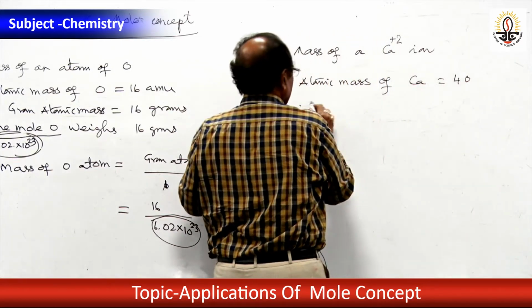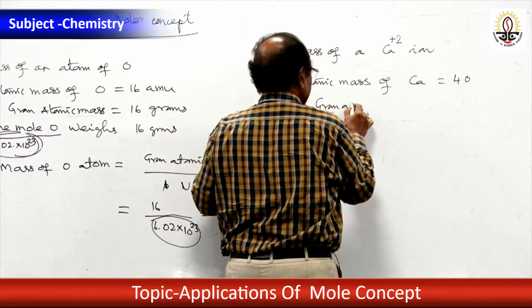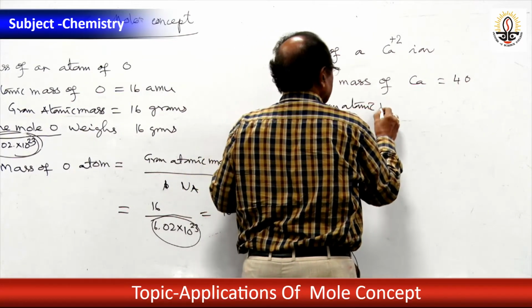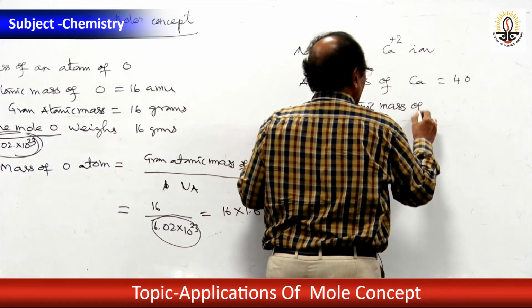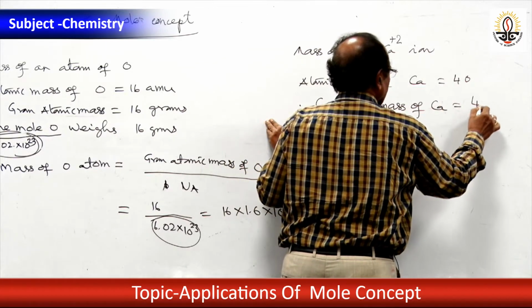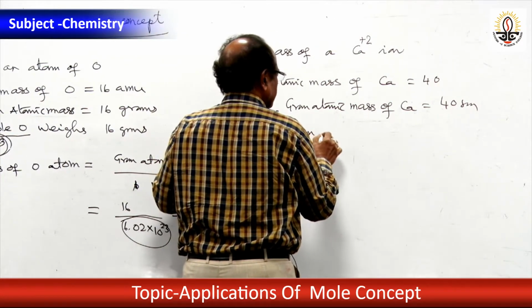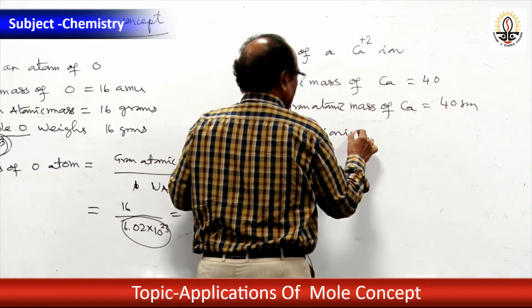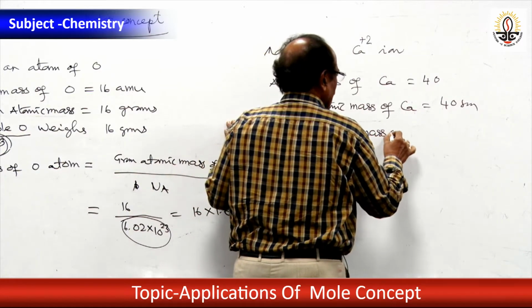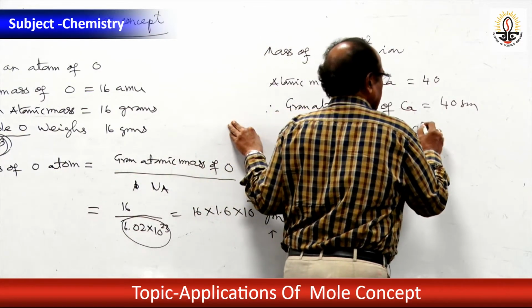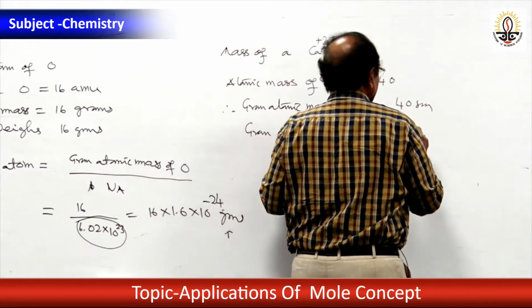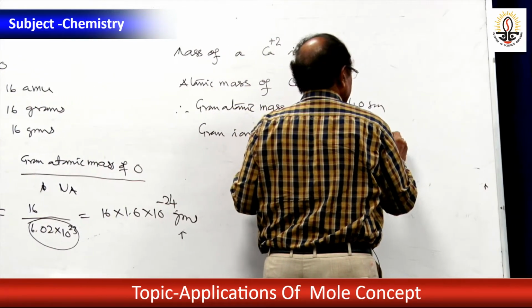Therefore, the gram atomic mass of calcium is 40 grams. The gram ionic mass of calcium, that is Ca plus 2, will be 40 grams again.